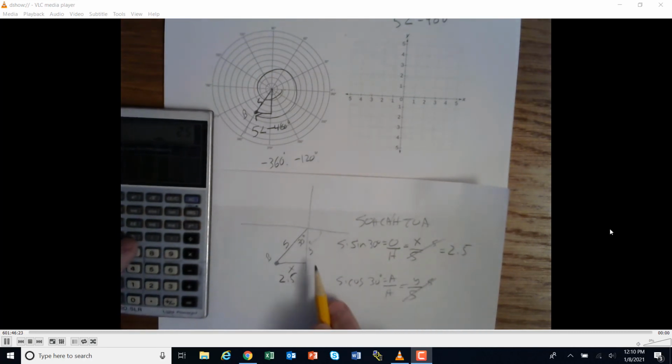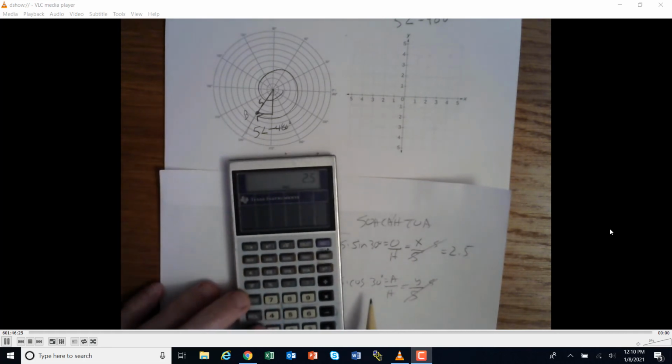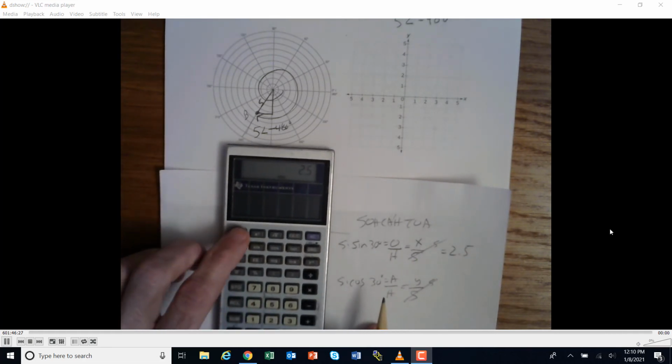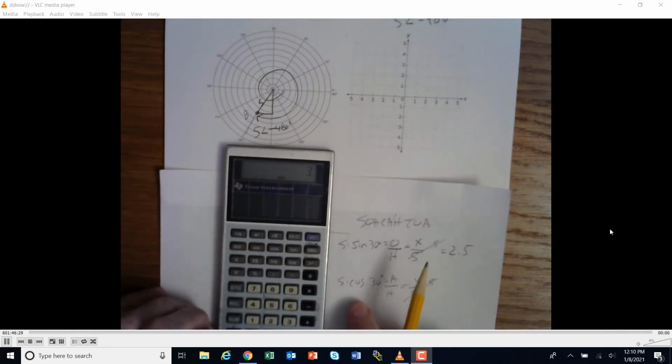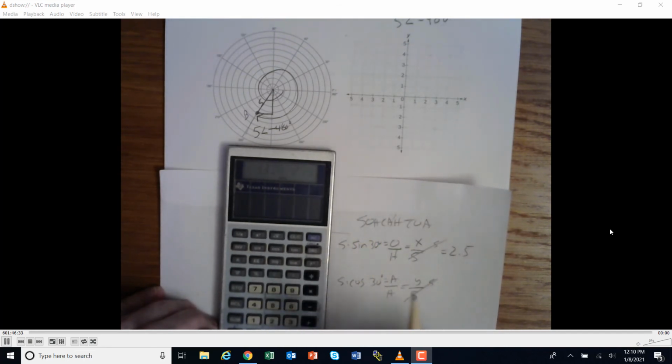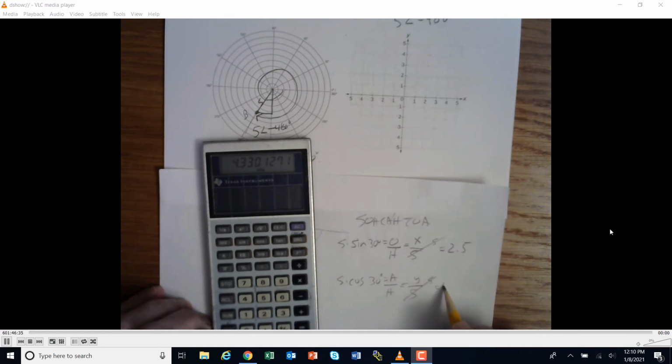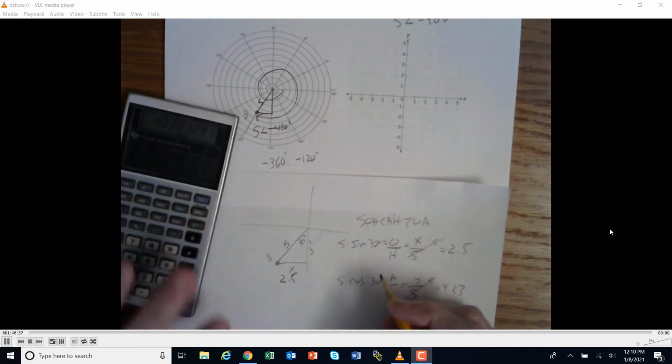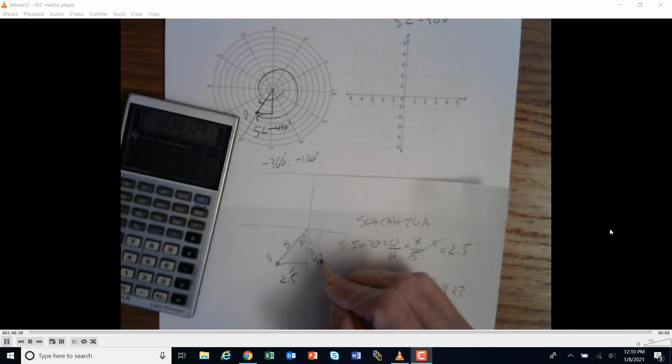And then the adjacent, which happens to be the y-axis, is going to be 30 cosine times 5. That's going to be 4.33. And this is going to be 4.33.